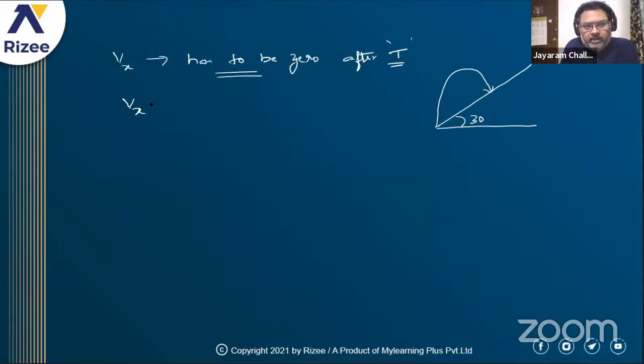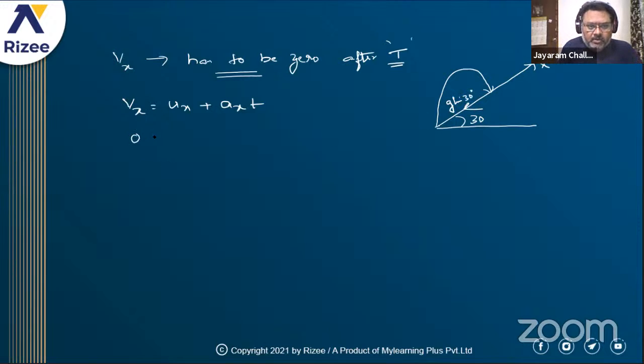Then according to the relation, Vx can be written as ux plus the acceleration along the x-axis into t. The acceleration along the x-axis is g sine of 30 degrees.